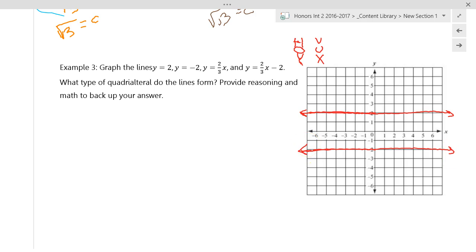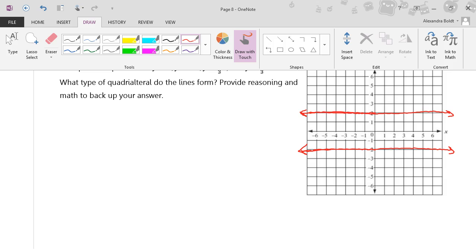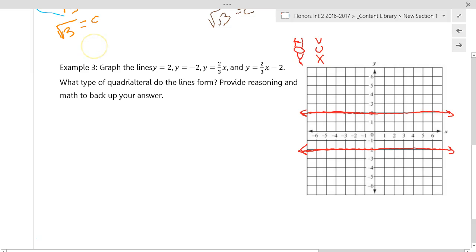Then my other two are just slopes, right? y equals mx plus b. So if I look, I have y equals 2/3 x. This one has a slope and it has no intercept. That means my intercept is 0. So I just start at 0, and then I'm going up 2 over 3.